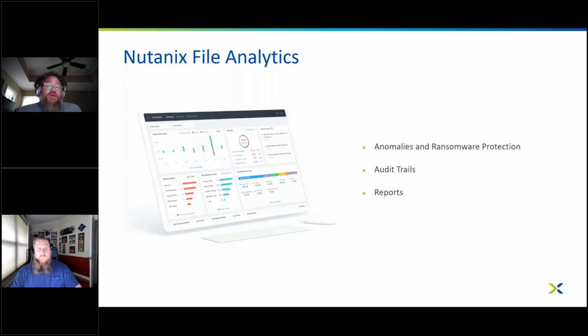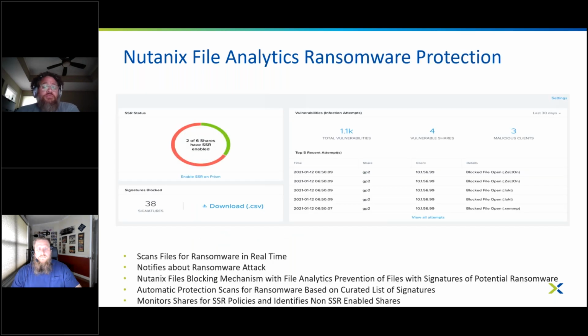The big thing I'll talk about is ransomware protection, because that's newer. With ransomware protection, you're still going to want to have other things for ransomware protection, but Nutanix File Analytics can help you in your ransomware protection strategy. What it does, it's going to scan for files in real time for ransomware. It will notify you about a ransomware attack, so you can set up emails and you have email recipients for those.